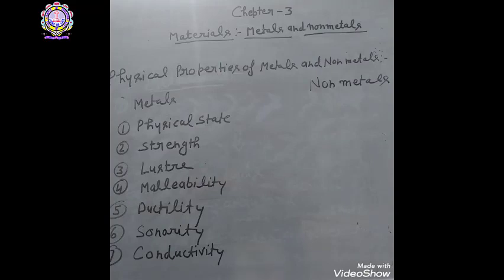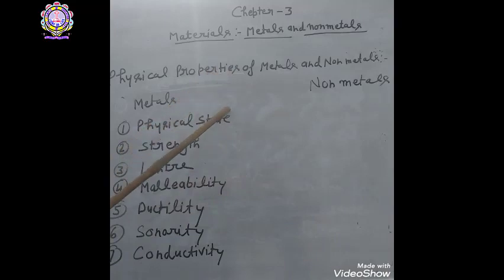But non-metals have a dull surface. Some non-metals, for example graphite, diamond and iodine, have luster. These are the exceptions among non-metals.